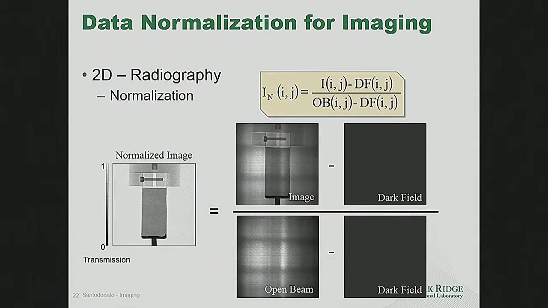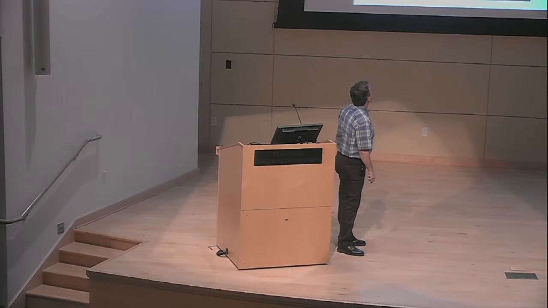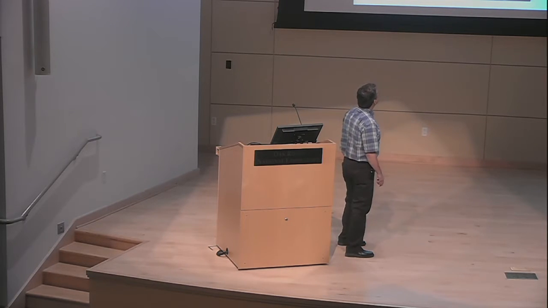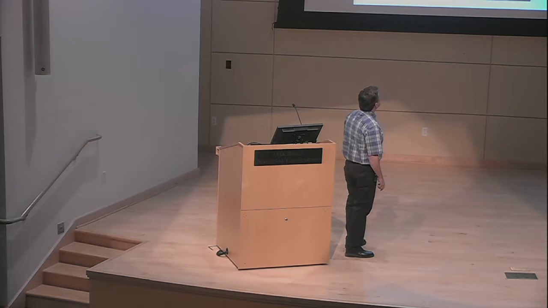Yes, sir? It might just be an illusion because of the background in the image, but you can actually tell that there's a cylindrical shape to the object. That seems to be missing in the normalized image. I'm wondering if that's an illusion to get rid of, or if some information was lost.